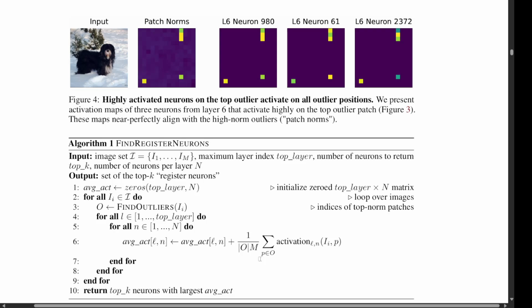Exactly. It strongly suggests they have this general, maybe even image-independent role related to creating this outlier effect rather than just detecting, say, a patch of blue sky. Image independent. That's a fascinating idea. So they're not doing typical feature detection like finding edges or textures. They're doing some kind of internal network management thing. That's the really provocative implication, yeah.